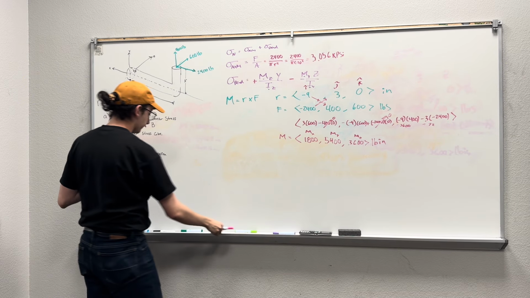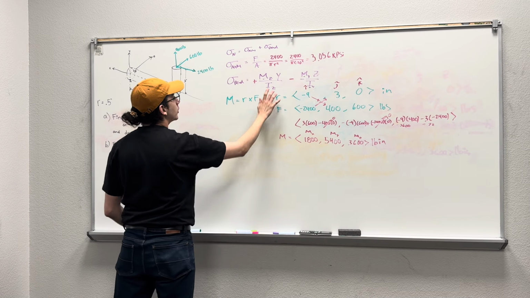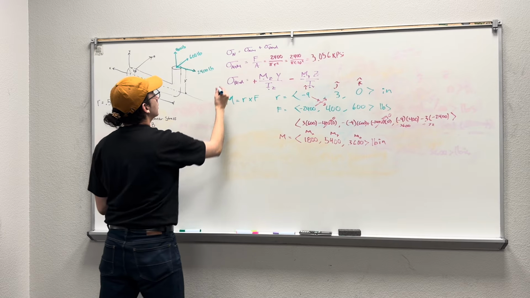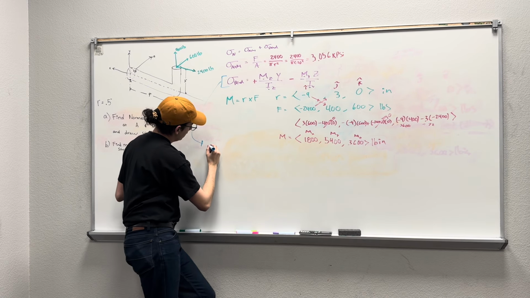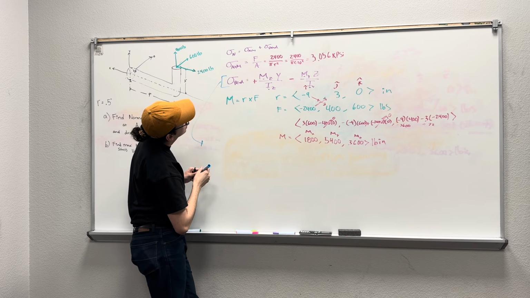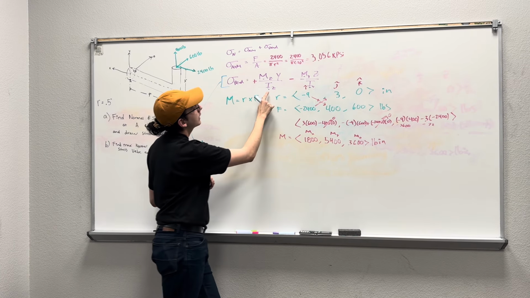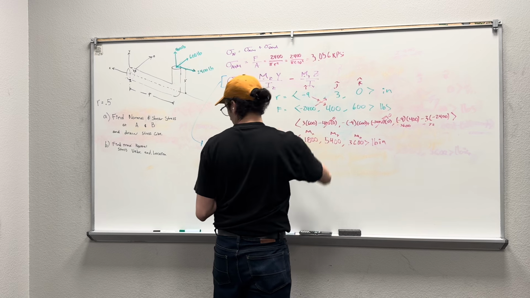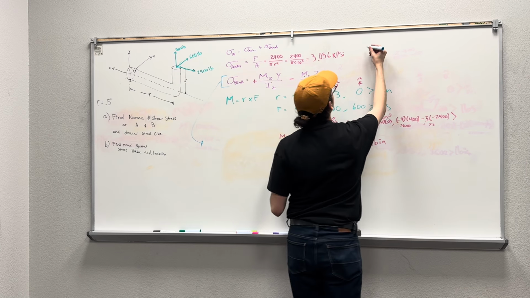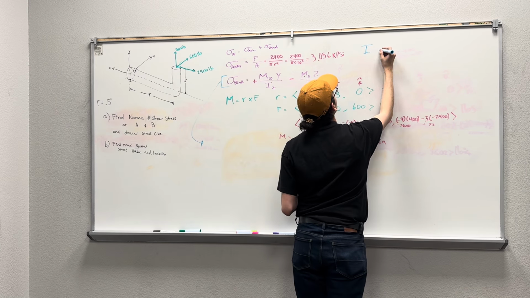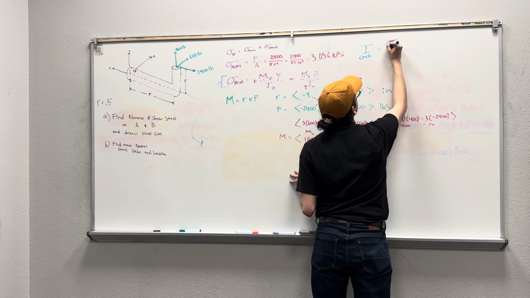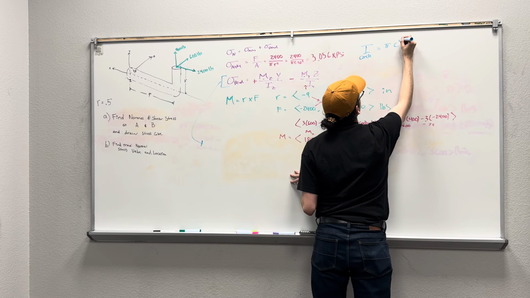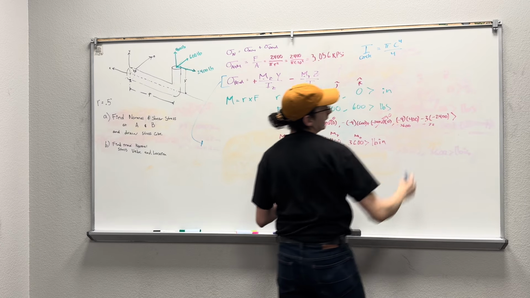Cool, nice. So now I'm able to come back to this formula and plug those values in. Oh, actually I'm forgetting that moment of inertia. So for my moment of inertia, I know that for a circle, it's going to be pi C to the fourth over 4, I'm pretty sure.